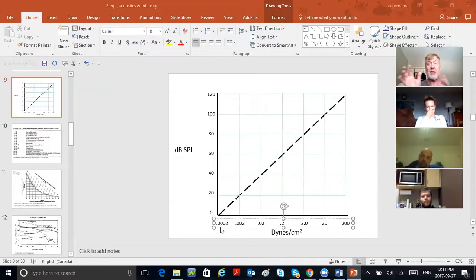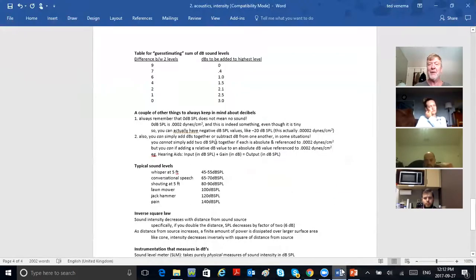I can add 50 dB of gain to a 20 dB SPL input. I can add 50 dB gain to a 30 dB SPL input. And the gain is just relative. So 50 dB SPL input plus 50 dB gain equals 100 dB SPL output. Input plus gain is output. And that is our field. That's what's good to know there. That's that second point right there.